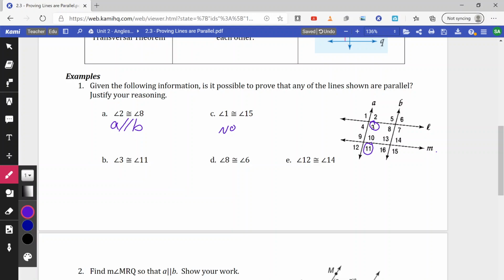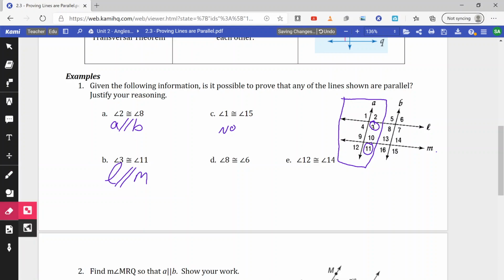They are on the right-hand side of line A. 3 is under line L. 11 is under line M. Because they are corresponding angles, the two lines that get crossed by line A as our transversal, line L and line M, are parallel. And again, this is just breaking down, seeing where the angles are.